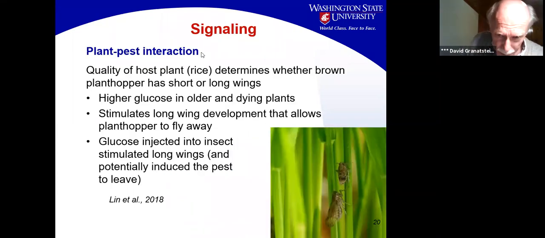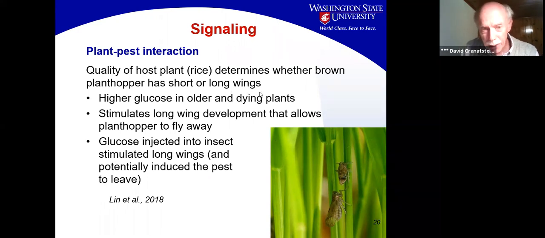Another example in rice. So rice plants have this particular pest of the brown leafhopper, and it has different life stages. When it's got its short wings, it can't fly away, so it stays and it feeds on the rice, but at some point it changes and it grows long wings and it flies away.